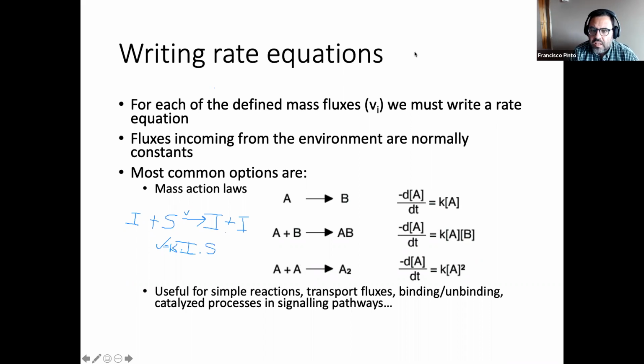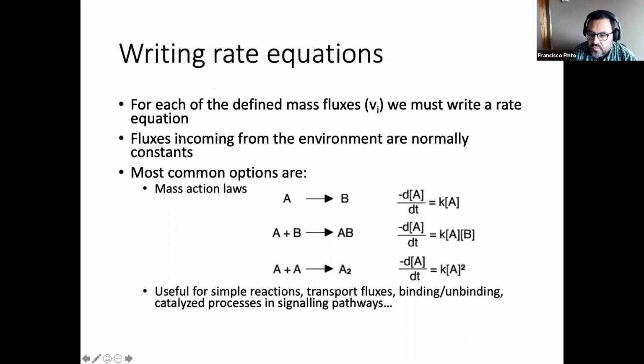So these mass action kinetic laws are accurate if you are working in a homogeneous environment. So your molecules exist in a homogeneous space. There is no spatial structure. All the processes occur with the same probability in all the volumes of your space, or all the areas of your space.